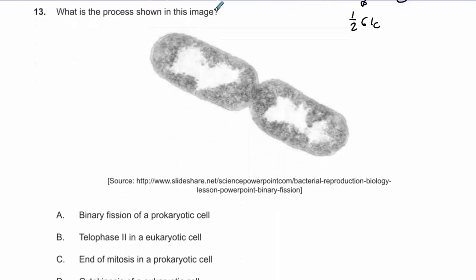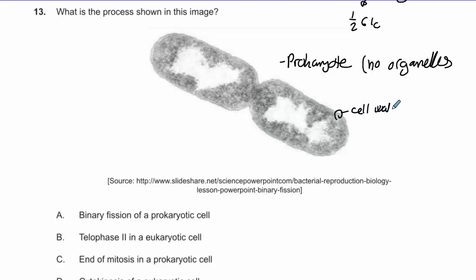13. What is the process shown in this image? And we can see very fast that this must be a prokaryote. And the reason is that there are no organelles, no nucleus, and we see sign of a cell wall or even capsule.